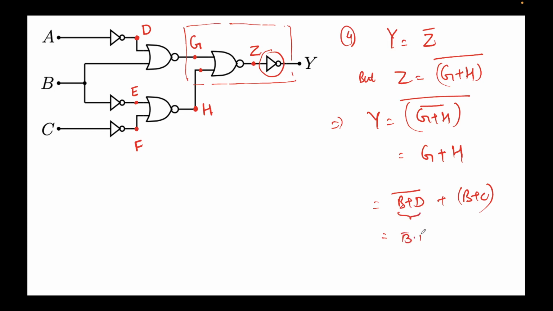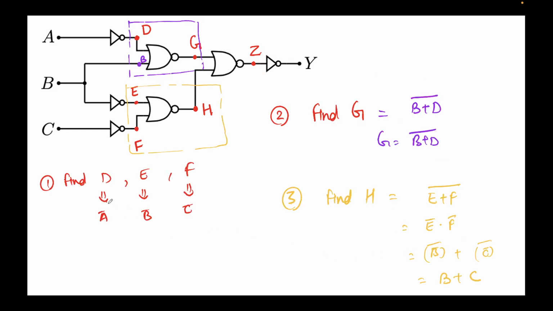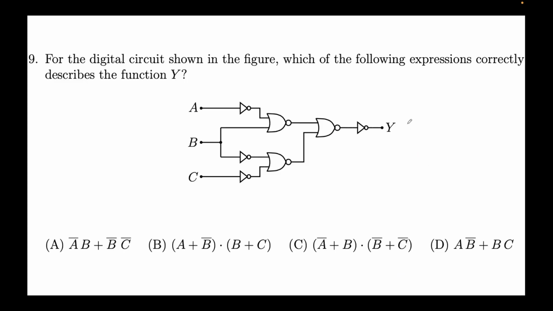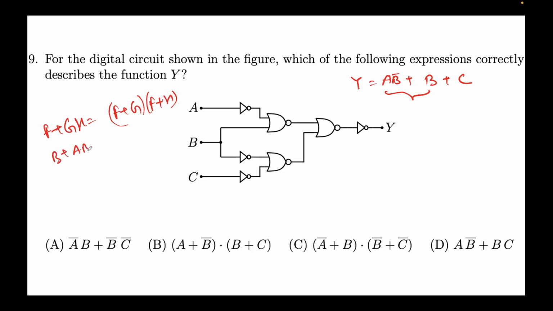So this will be B bar times D bar plus B plus C. D bar we know, D was A bar, so D bar will be A. It will be A B bar plus B plus C. So it comes out to be A B bar, this is the expression for Y, plus B plus C. Now if you remember that law, F plus GH equal to F plus G times F plus H, compare it with this B plus A B bar.